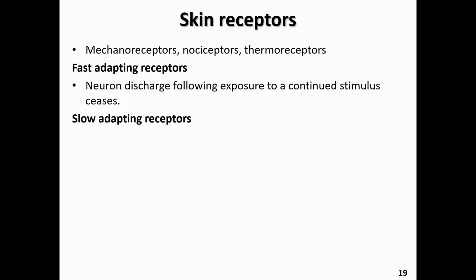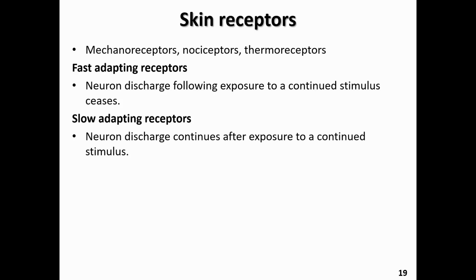But following the sustained stimulus, that neuron will stop generating that action potential train. So the neuron will adapt very quickly by no longer discharging action potentials. Contrast that with slow adapting receptors, where the neuron will continue to discharge action potentials after a stimulus. So that type of neuron will not adapt as quickly.